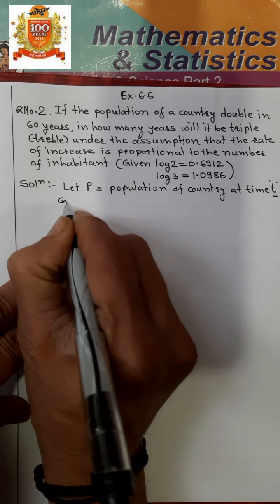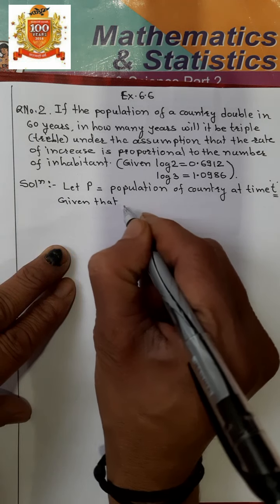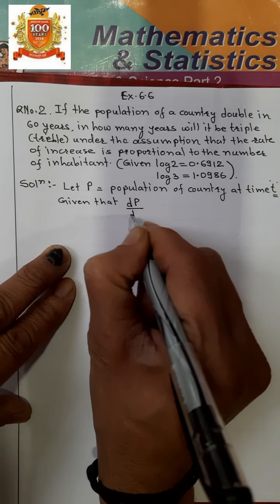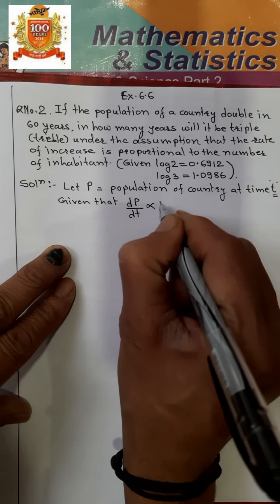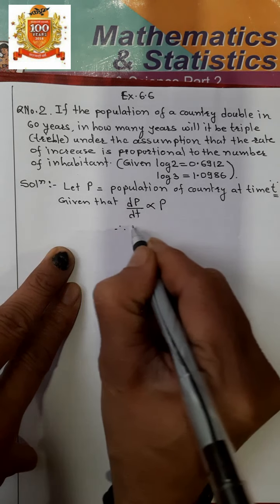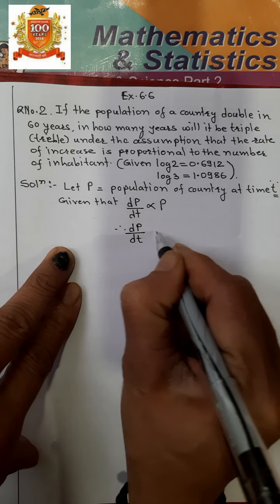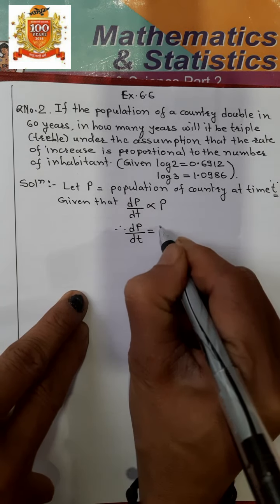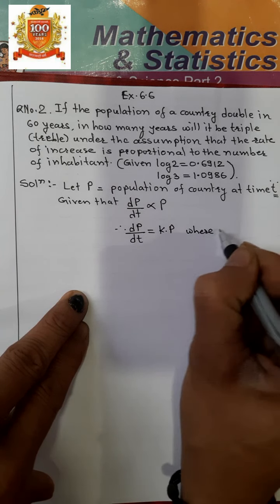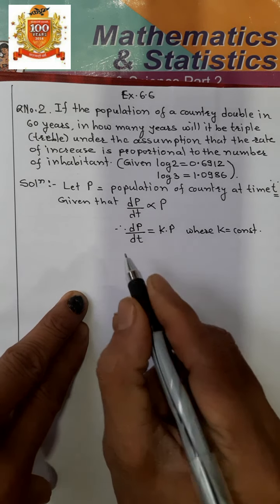Given that dP by dt is directly proportional to P, therefore dP by dt is equal to kP, where k is a constant.